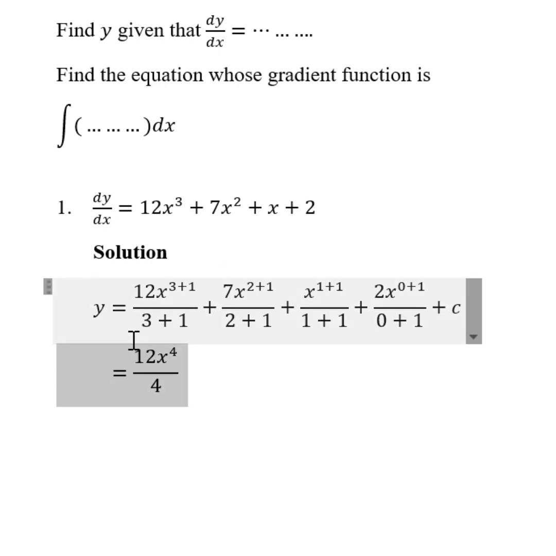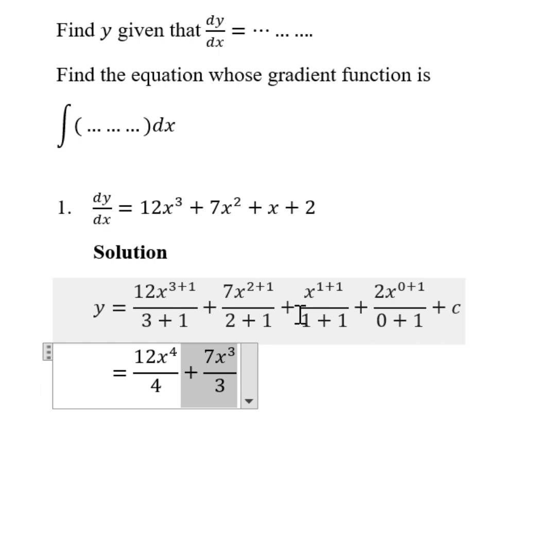This is equal to 12x raised to power 3 plus 1 is 4 over 3 plus 1 is 4. Then plus 7x cubed over 3, plus x raised to power 2 over 2, plus 2 raised to power 1 over 1, then plus c.